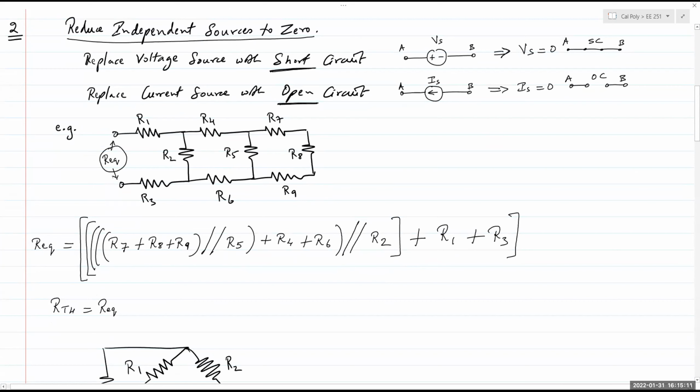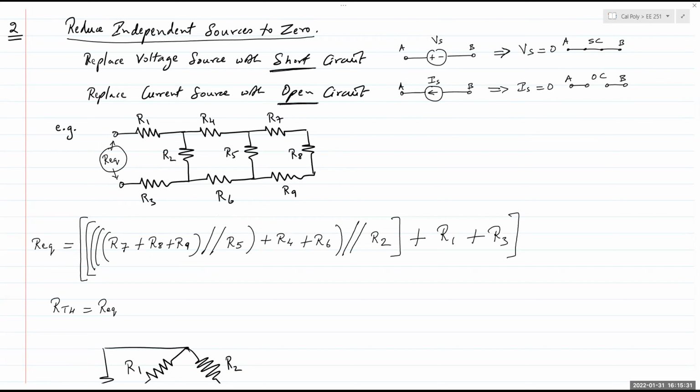To find REQ at any terminals, I would always recommend starting at the farthest end and moving towards the terminals. So in this case, we start at the farthest end. We get R7 plus R8 plus R9.